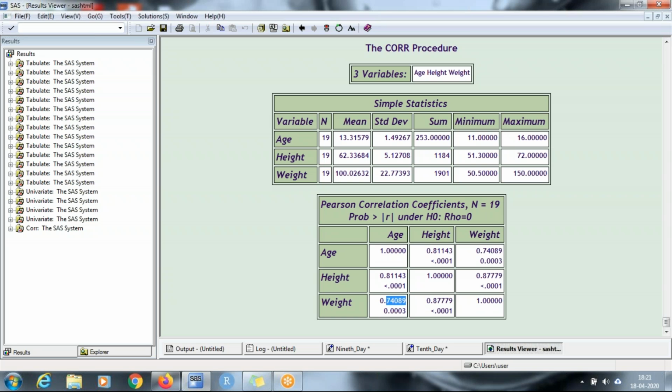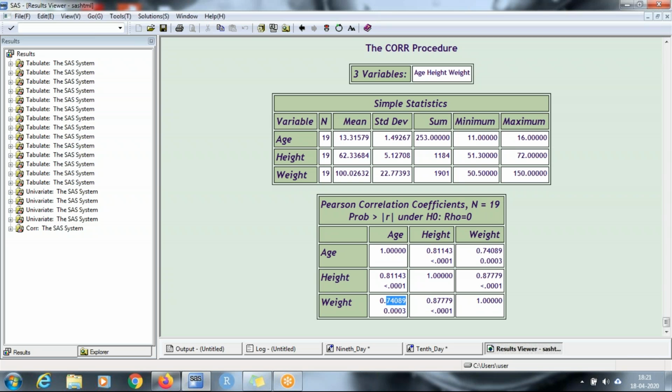What is zero in this? No, zero is for what? What metric? This is a weight zero, this is a height zero.